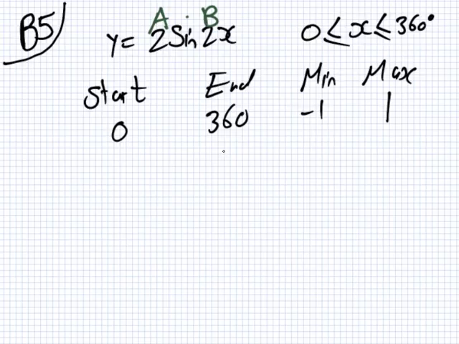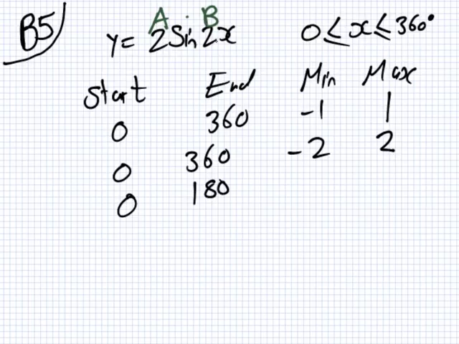So which one changes here? From -2 to 2. And then the B? It's the same for the start, and it compresses. So it'll be 0, 180. Divide by 2.